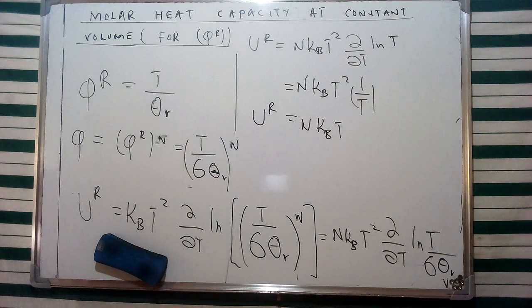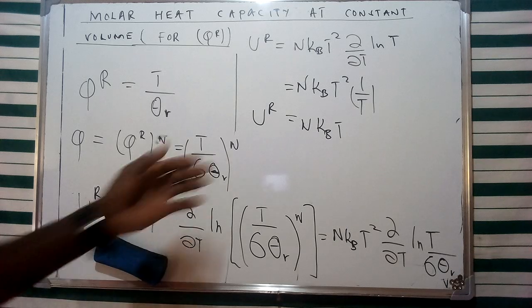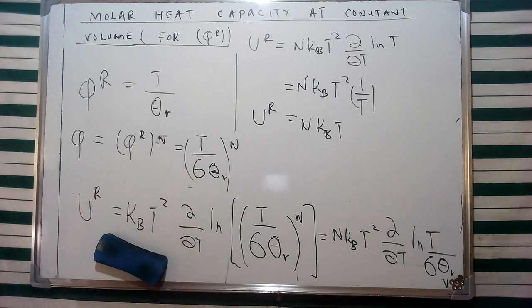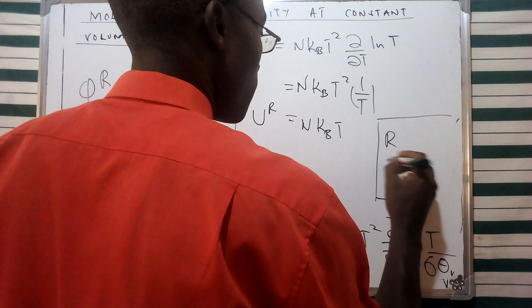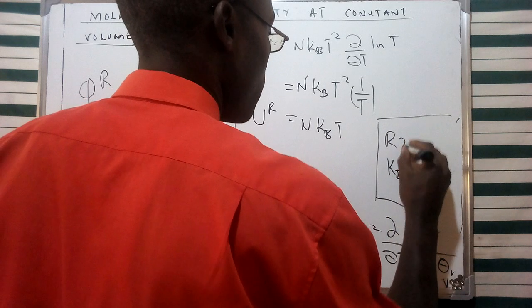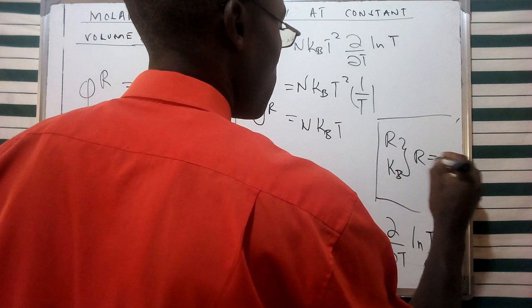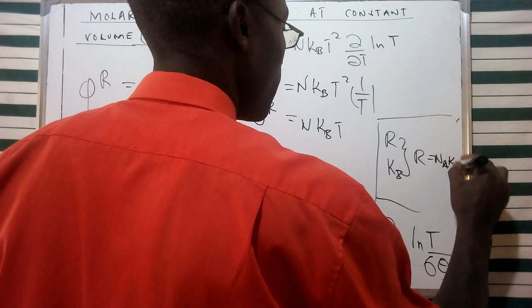Now, if we are going to have the molar heat capacity at constant volume, we can use the concept of Boltzmann's constant and the universal gas constant, where the relationship between the two is that R is equivalent to NA kB.